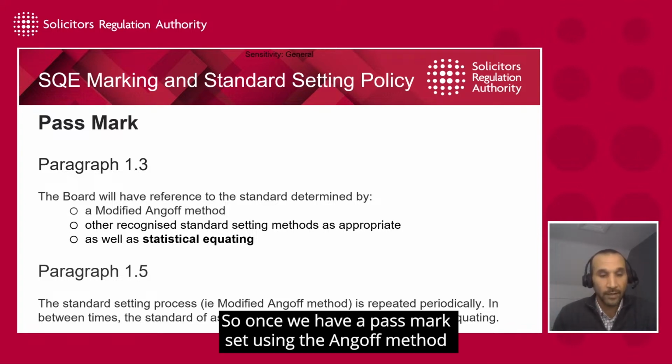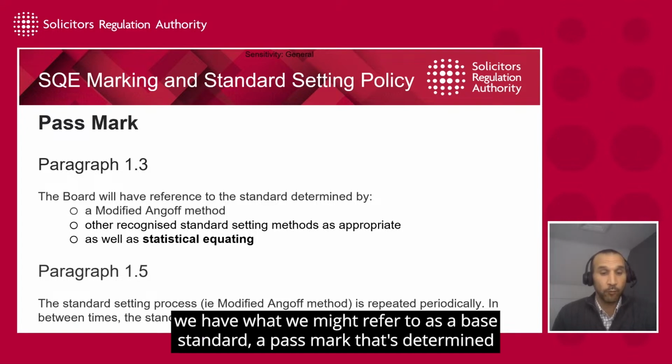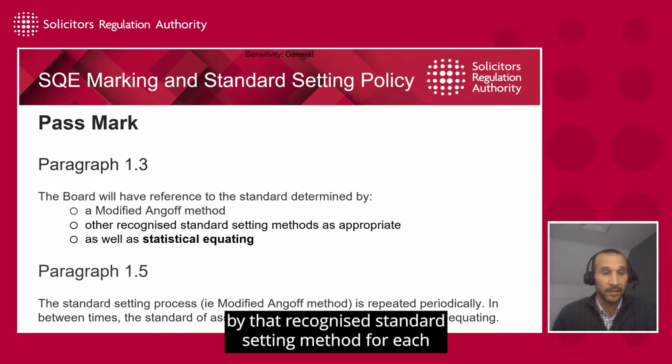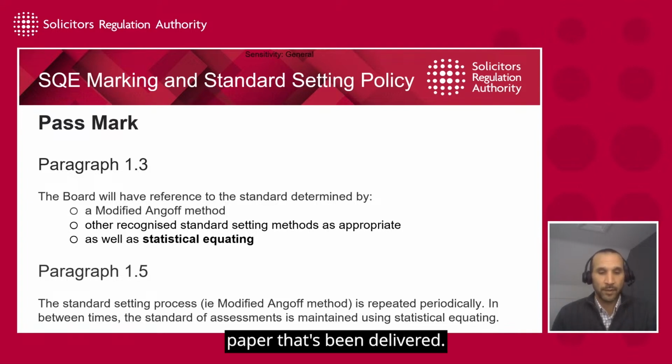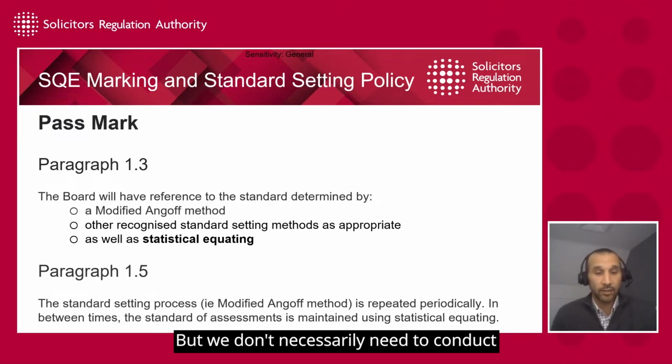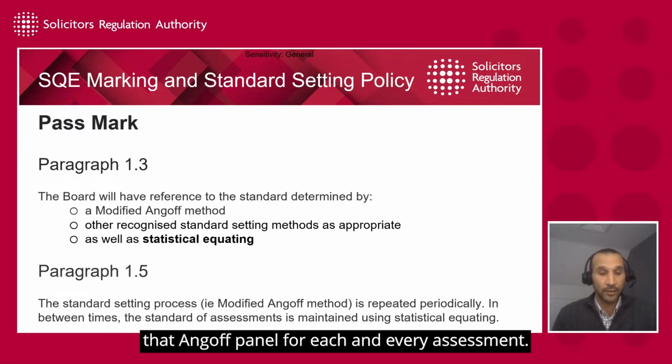So essentially, once we have a pass mark set using the AGOFF method, we have what we might refer to as a base standard, a pass mark that's determined by that recognized standard setting method for each paper that's being delivered. But we don't necessarily need to conduct that AGOFF panel for each and every assessment, and that's where the statistical equating comes in.